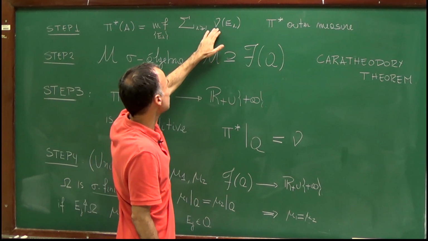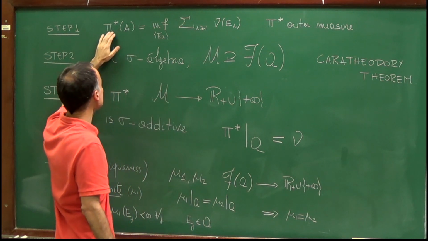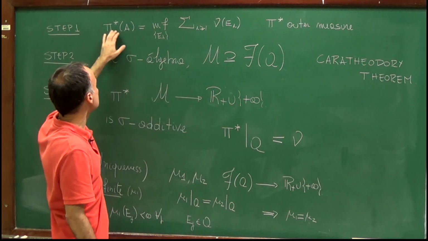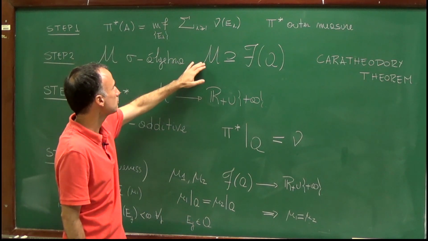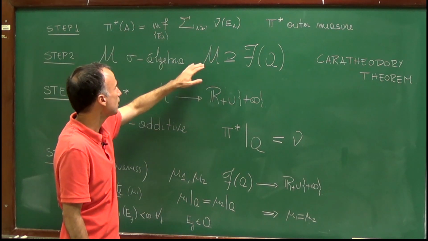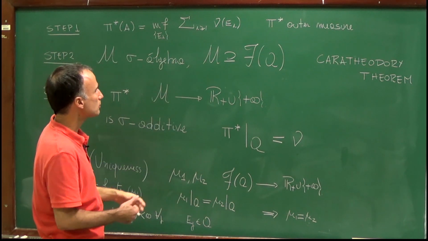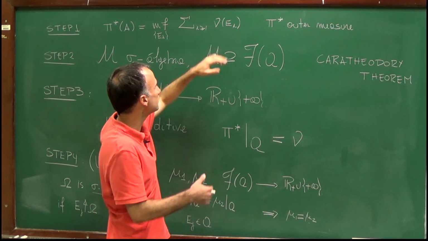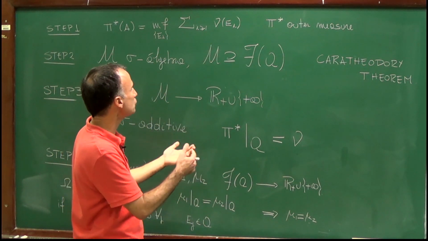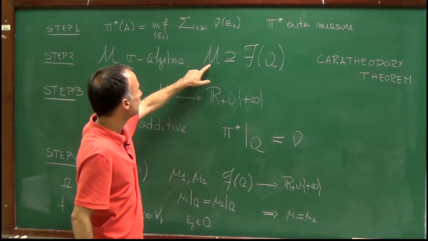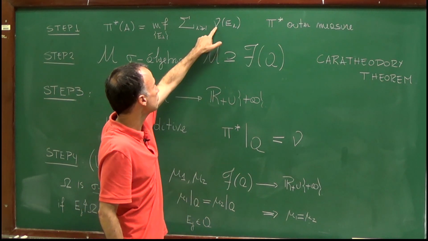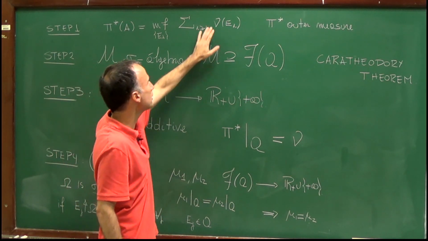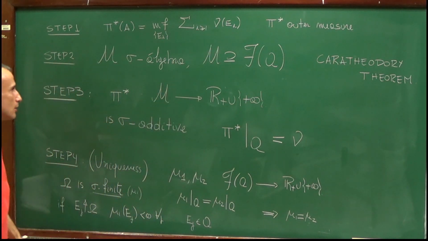We started from some measure nu. We defined P star, and the definition of M was depending on P star. So if you consider two different measures, nu1 and nu2, defined in the same algebra, which are sigma additive, the set M1 which is obtained from nu1 and the set M2 which is obtained from nu2 might be different. So they will depend on nu1 and nu2.